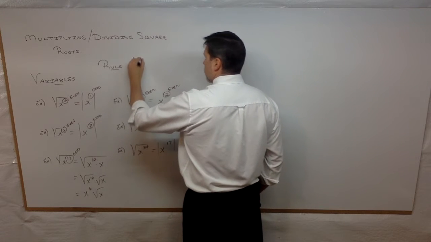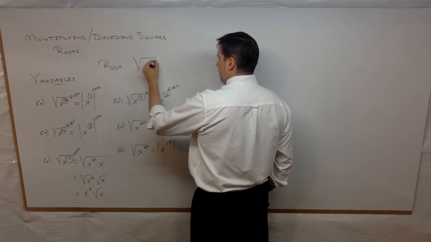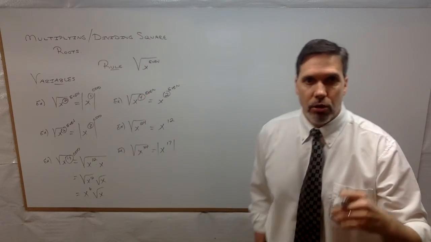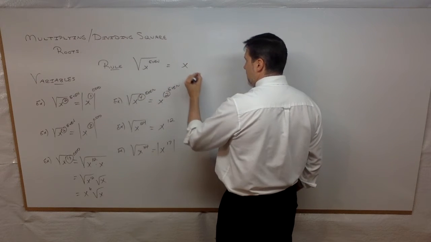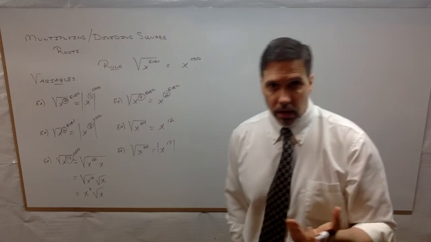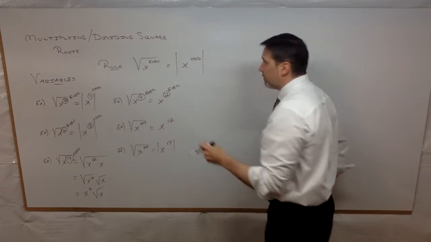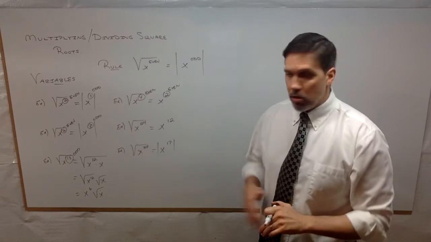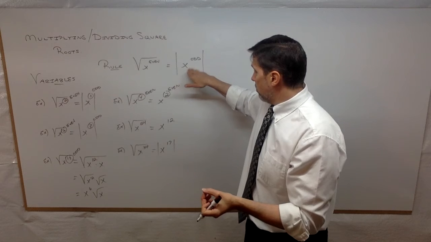If you take the square root of x to an even power, and the result comes out to be x to an odd power, whatever that might be, this is the one and only time you have to use absolute value. So the square root of x to the even equals x to the odd.